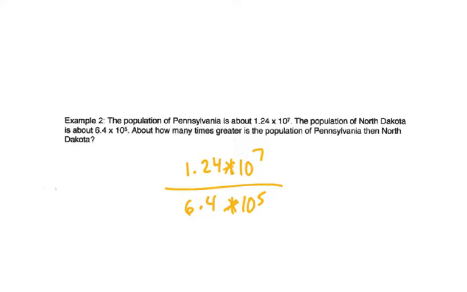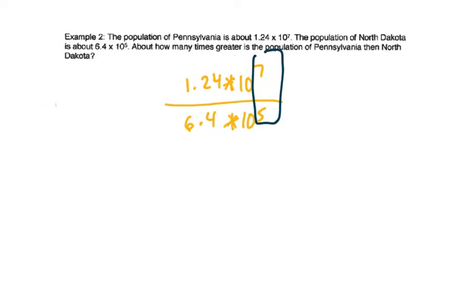And here, the back part is a little easy to do because we just have to subtract. So this is going to become 1.24 over 6.4 times 10 squared. That's the easy part. Now, how do we deal with the fraction?